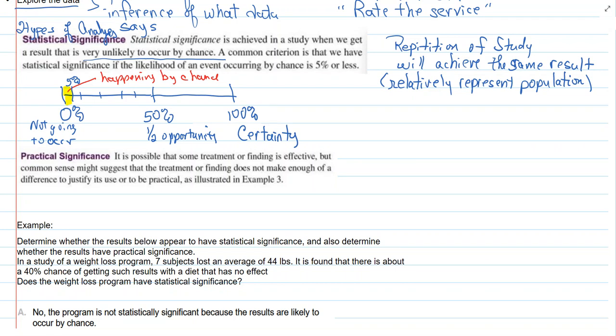Okay. Practical significance. Now, practical, think about that word. Practical means everyday use, right? It is like putting on a blue shirt versus a red shirt, practical because you're wearing tan pants. It is possible that some treatment or finding is effective. That means it works.